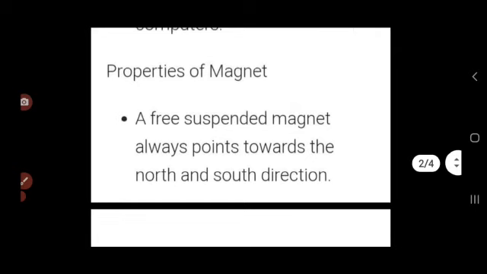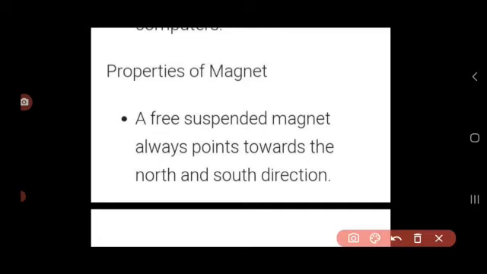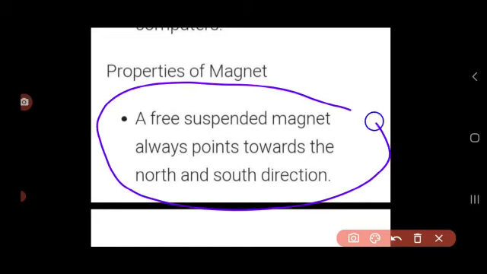So what is directive property? A freely suspended magnet always indicates north and south direction.